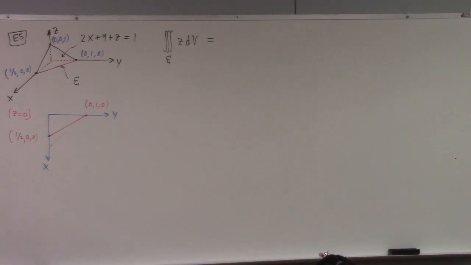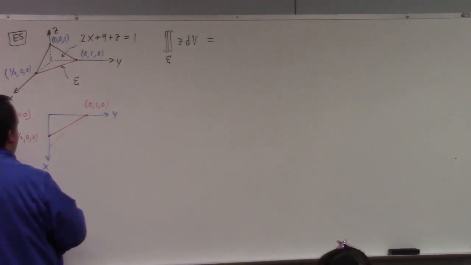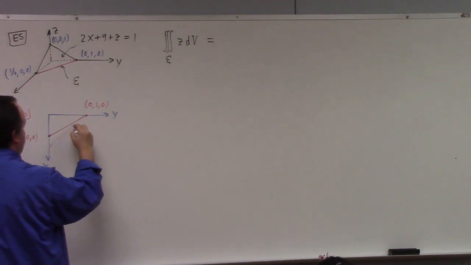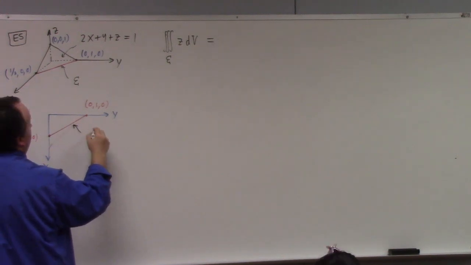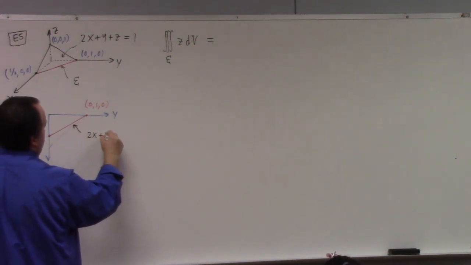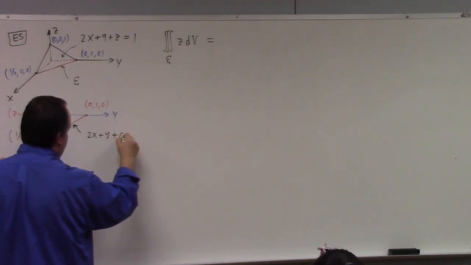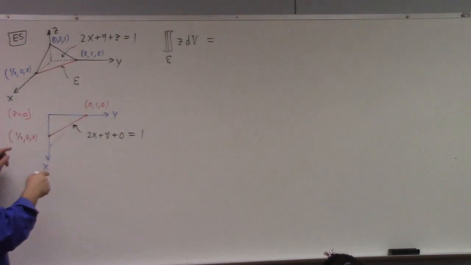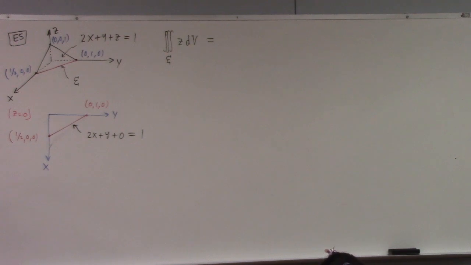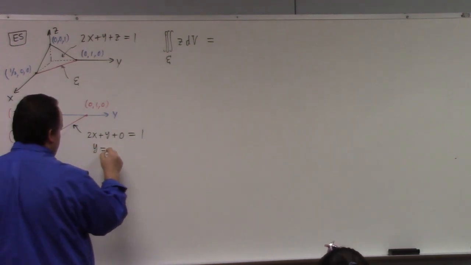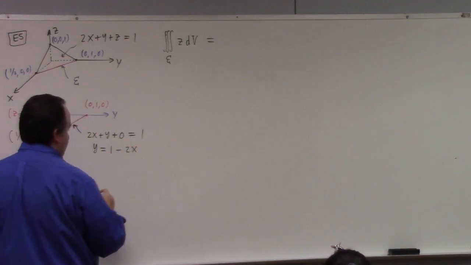So I can definitely say this much. What's the equation for this line right here? It's 2x plus y plus 0 equals 1. I get that from the defining plane equation. So if I solve that for y, I've got y equals 1 minus 2x.